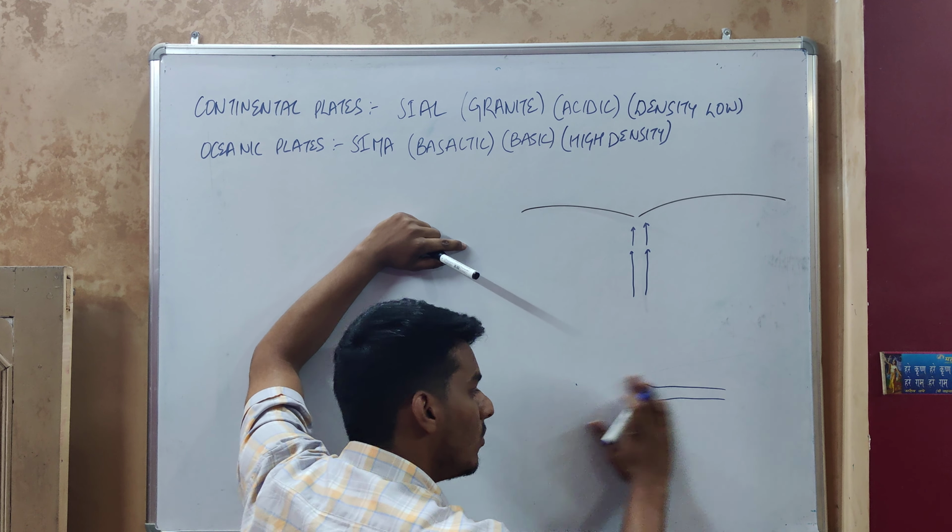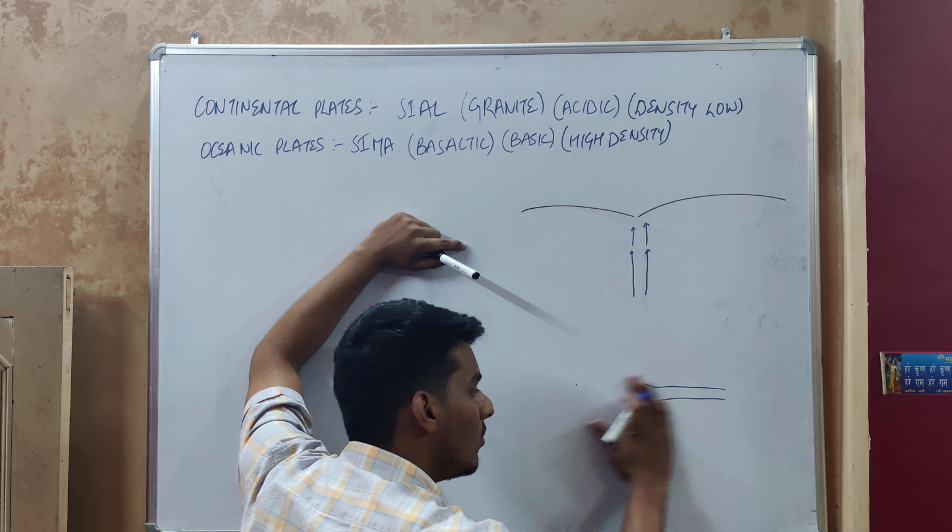And what will happen? At one time, firstly it provides tension. There will be tension on this plate. Think of it as a whole plate, and due to tension, because magma is hitting and hitting and hitting, there will be tension, and at a point there will be a fracture.